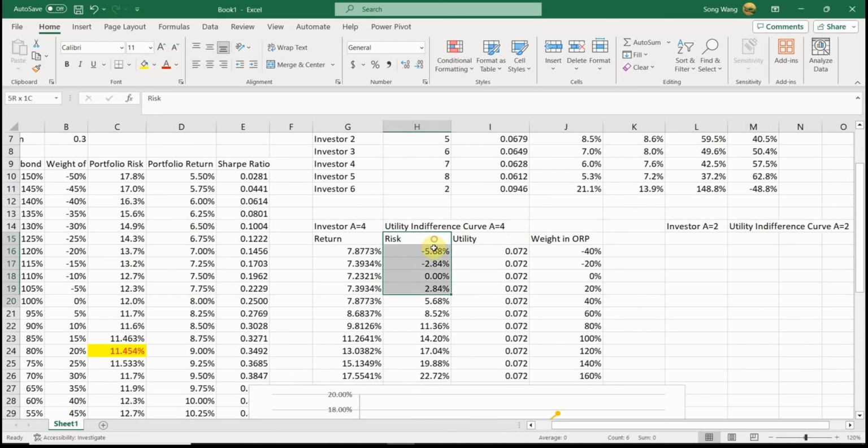So the risk is determined by the portfolio risk and the weight of the portfolio. Okay, the risky portfolio, of course, and I just need to get the return and the utility. So for now, let me put the utility as 0.06 or 0.1. It's the same.